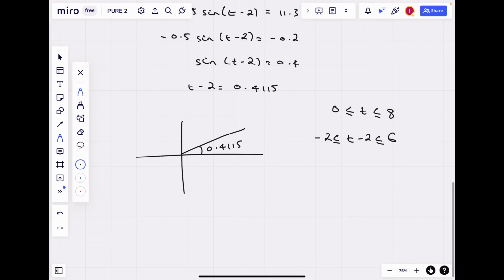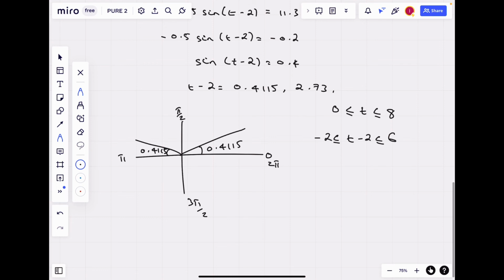We're working in radians. So 0 to pi, pi over 2, pi, 3 pi over 2. We have sine is going to reflect there, 0.4115. So our next one is going to be pi minus 0.4115, which is 2.73.